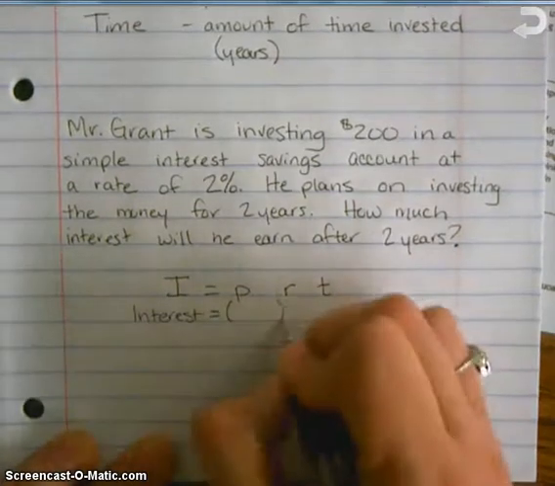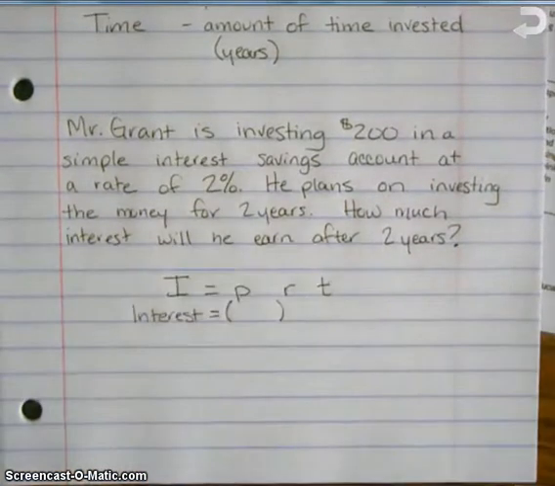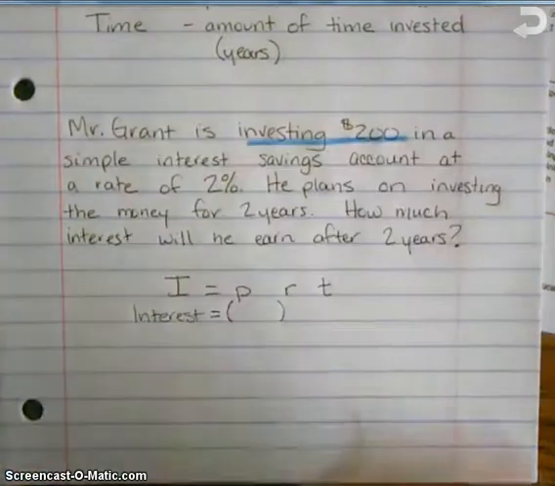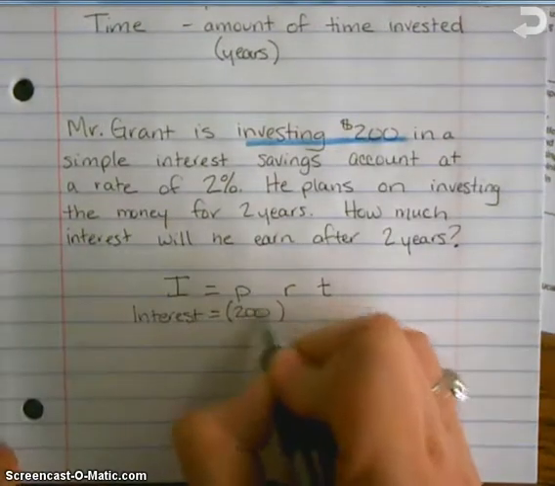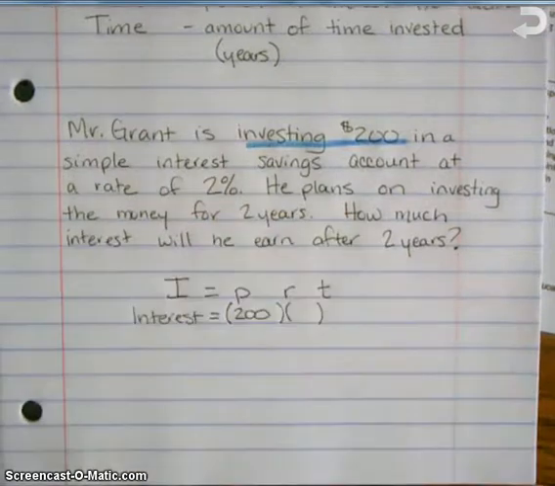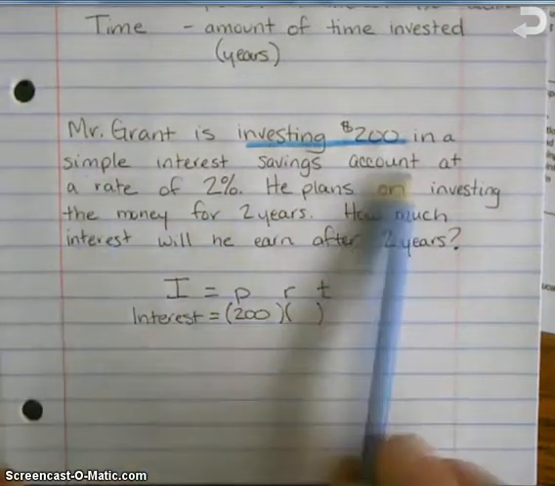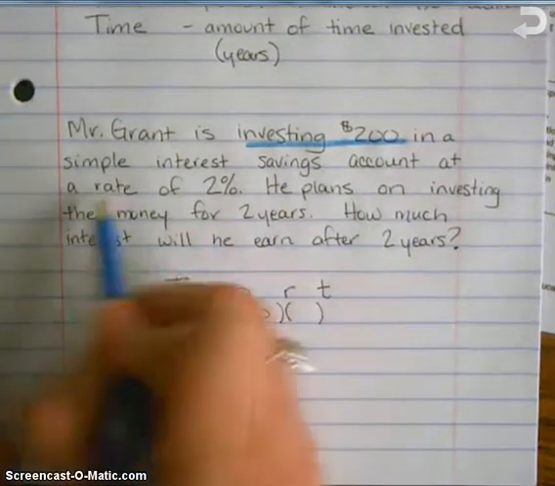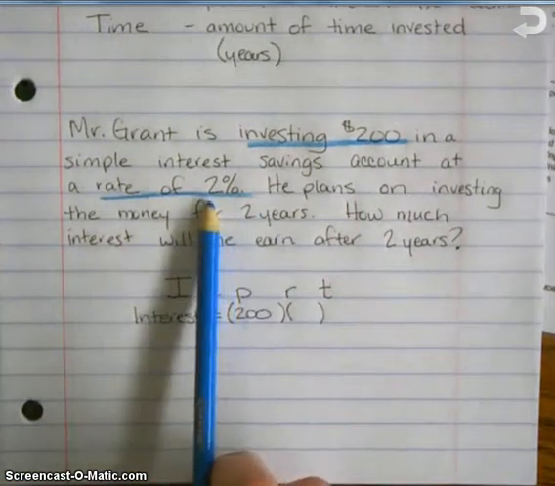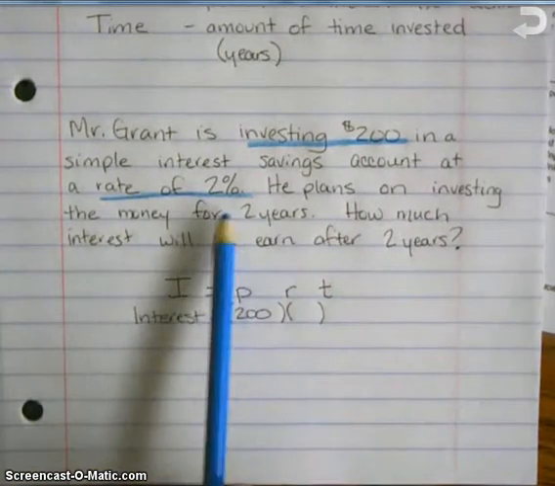Well, P is the principal. Principal is the amount of money being invested. So if Mr. Grant is investing $200, I'm going to put $200 in for P. R stands for rate. So it says at a rate of 2%. But I can't put a percent into a multiplication problem. An equation should never have a percent in it.